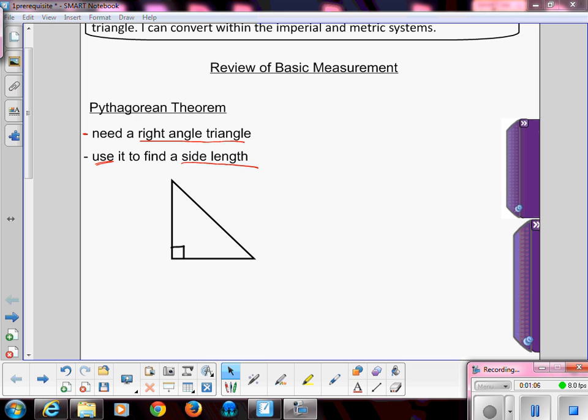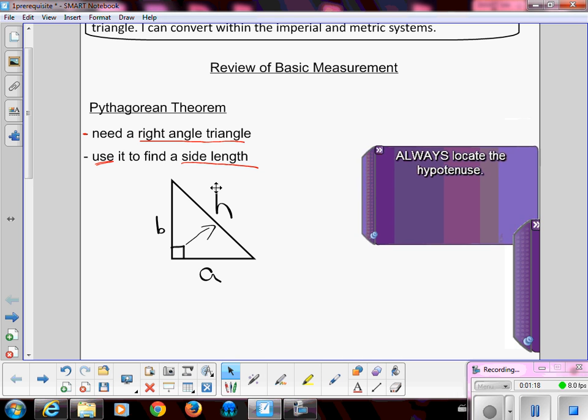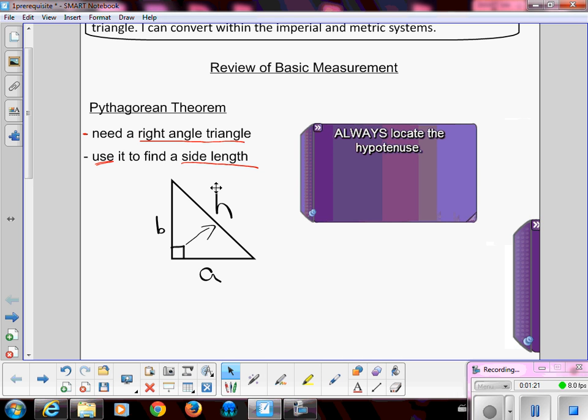So what we need is obviously a right angle triangle, and that's what I have pictured here. Directly across here is our hypotenuse. We have A, we have B. You may see this formula in many different ways. First of all, I always locate the hypotenuse, and I did that right away where I put my letter H, because the hypotenuse is directly opposite the right angle.